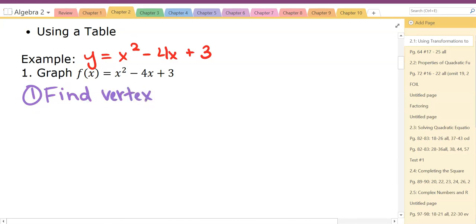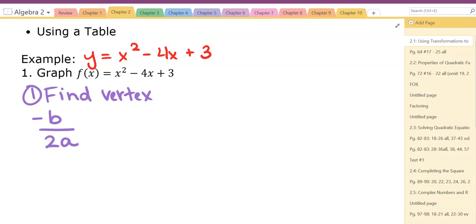In order to do that, we use this formula, and it says negative b over 2a. You're going to see this equation a lot, so I would stick it in your brain right now. Negative b over 2a. Now, where do b and a come from?